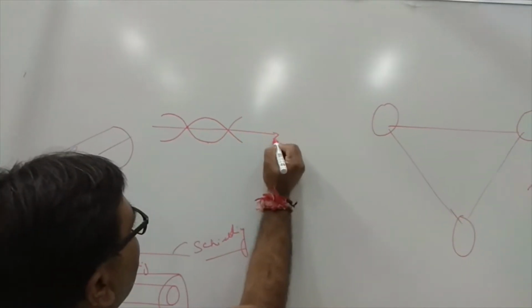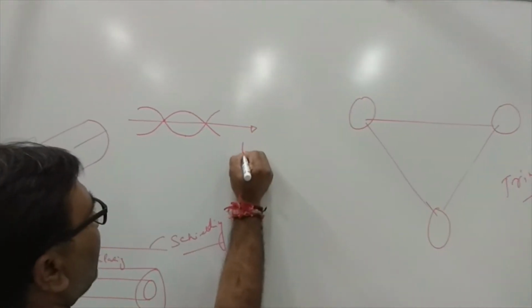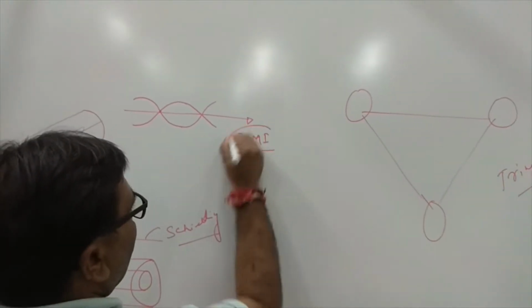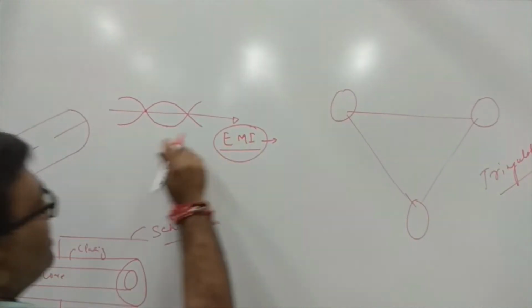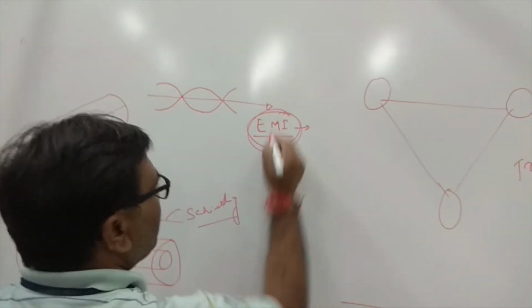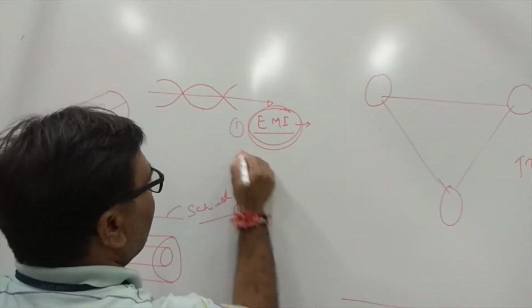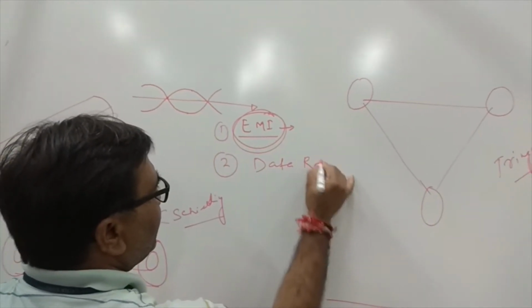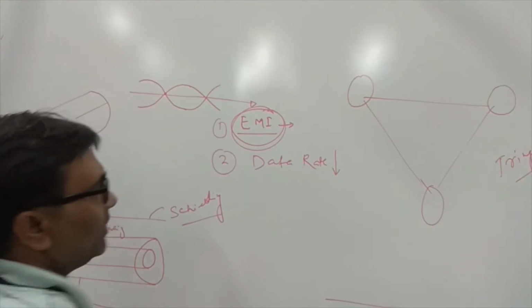But what is the disadvantage here? There is an electromagnetic loss. In twisted pair cables, electromagnetic induction loss appears. Due to this EMI loss, the data rate supported is very low.